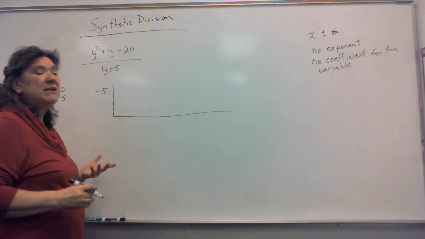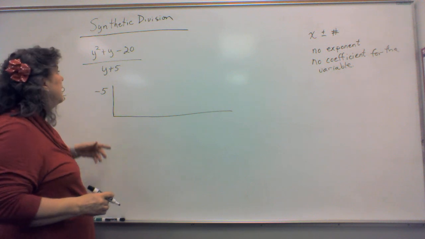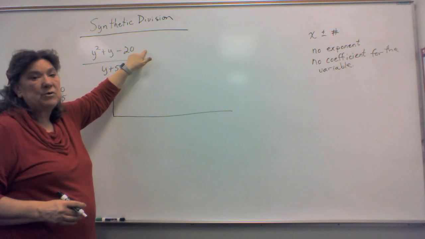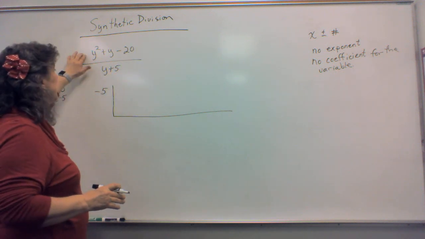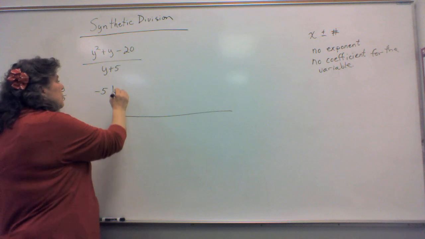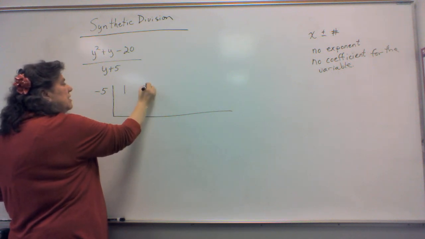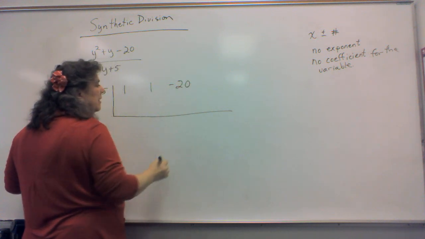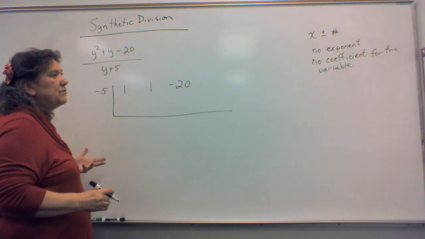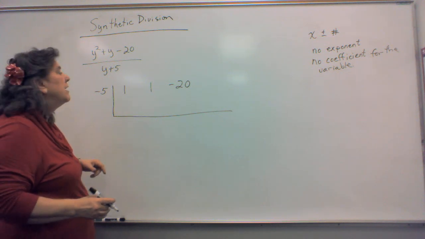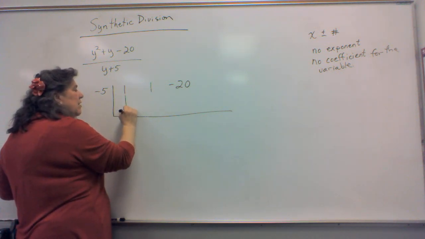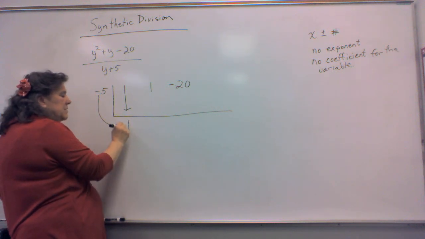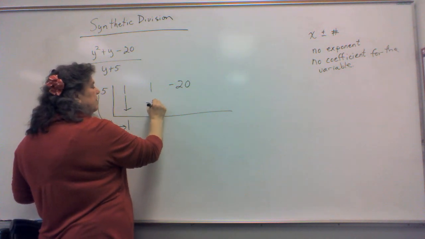The beauty of synthetic is that it's not as complicated if we can use it. All we do is make sure first that we have descending order of exponents and no missing holes. So y squared plus y minus 20. So y squared has a coefficient of 1, y has a coefficient of 1, and then negative 20. Now, just like first term in, divide by first term out, we're going to bring down our first number, which is 1. Now, negative 5 times 1 is negative 5.